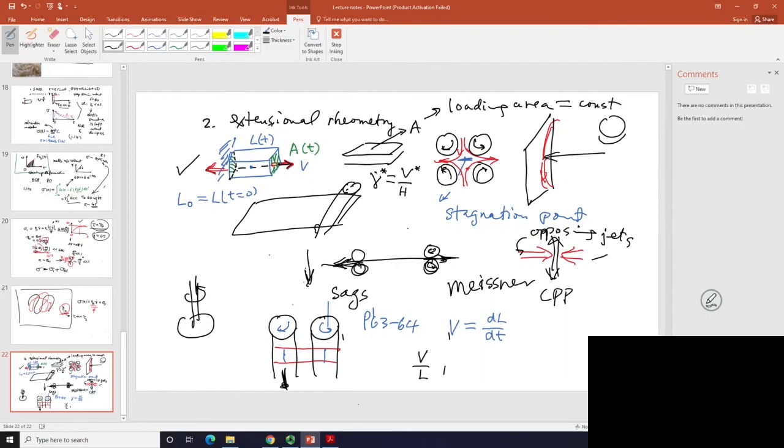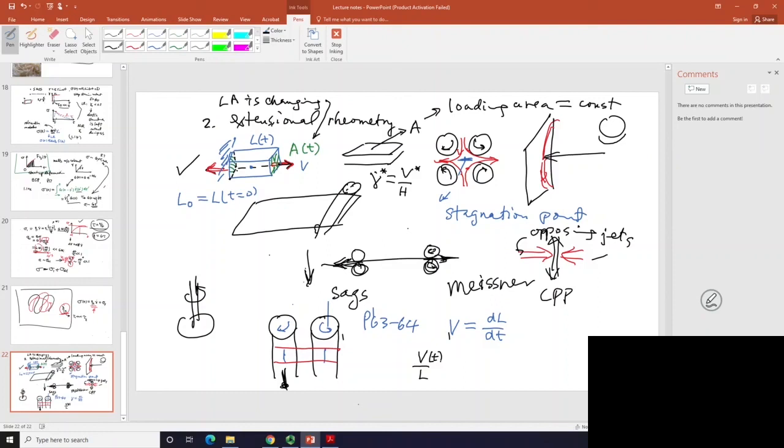So associated with this problem of loading, the area is changing, which I just remarked for you, for extension. You have to think about whether your stretching rate is changing or not. Your stretching rate is changing or not depending on whether you are keeping your velocity constant or not.